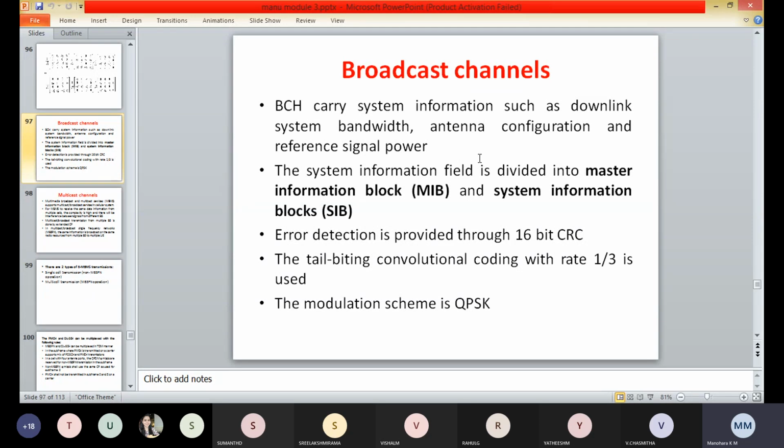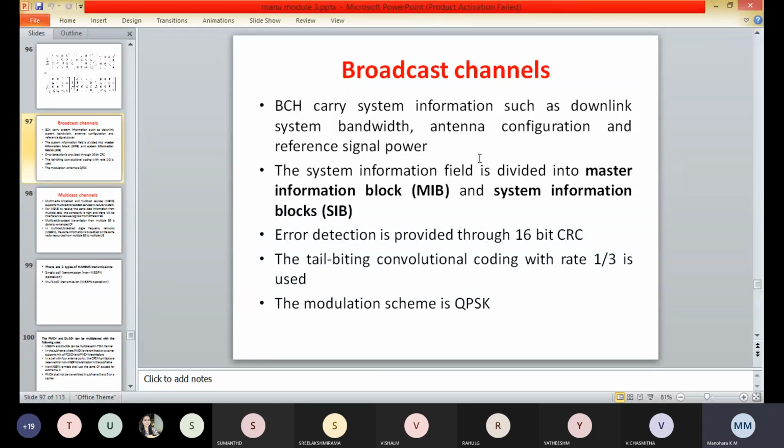So here the transmission time interval for the PBCH channel is 40 milliseconds.